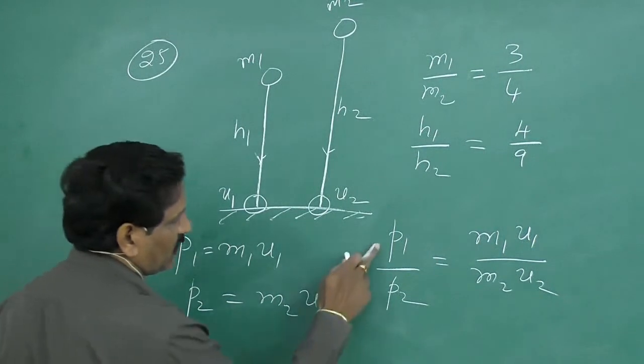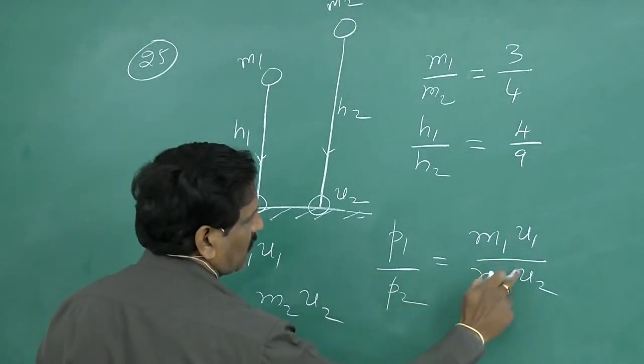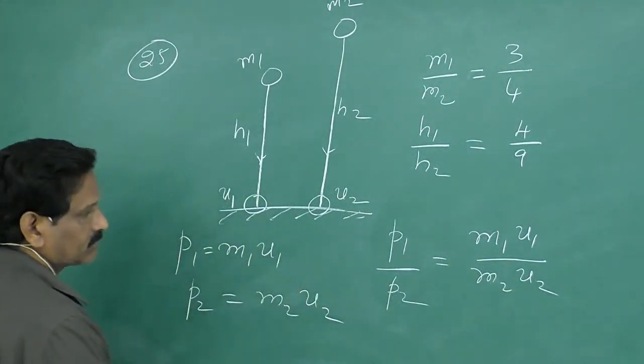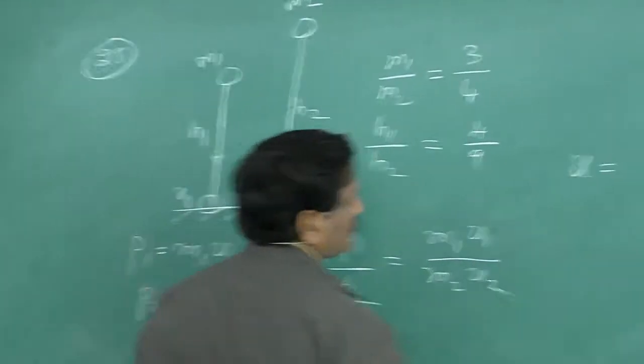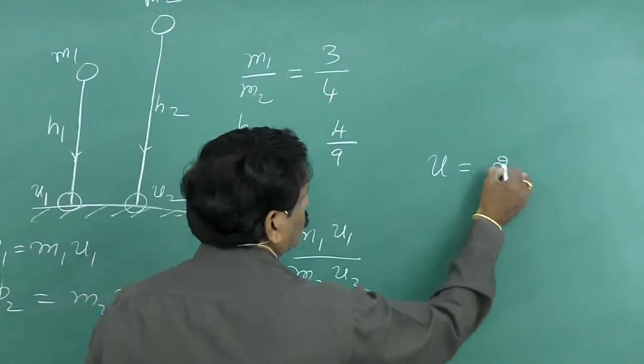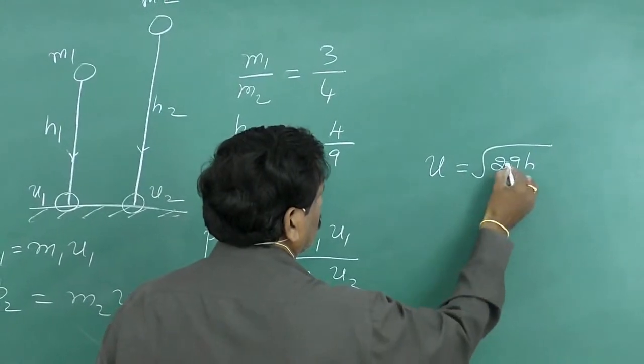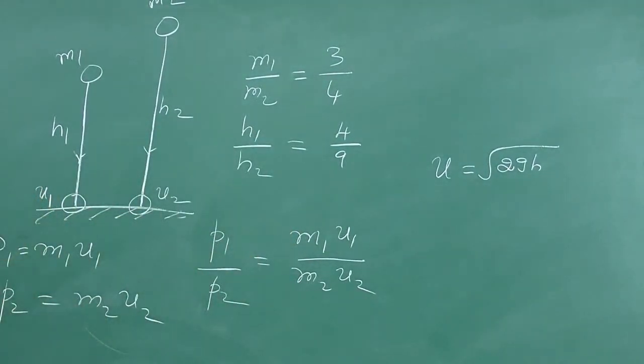But to find the ratio of the momenta, we must know the velocities on reaching the ground. We know that the velocity on reaching the ground from a height h is given by u is equal to root of 2gh.